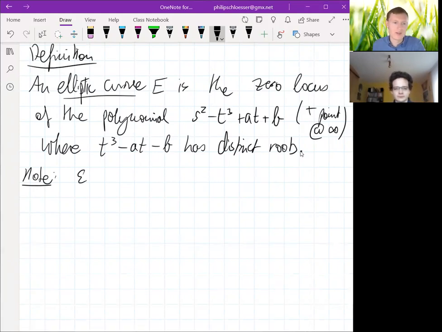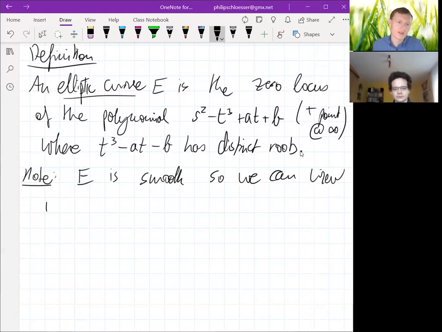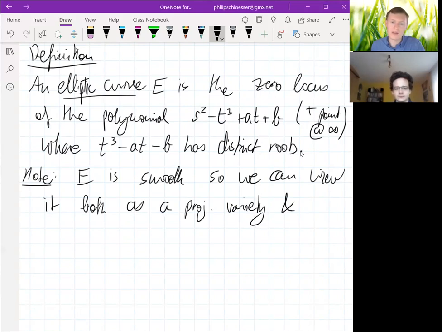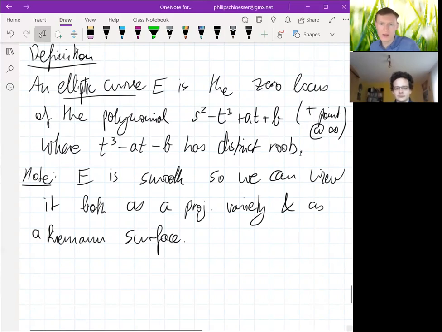We call elliptic curves E. E is smooth, so we can view it both as a projective variety but also as a Riemann surface. And we're going to switch between those two views a couple of times.